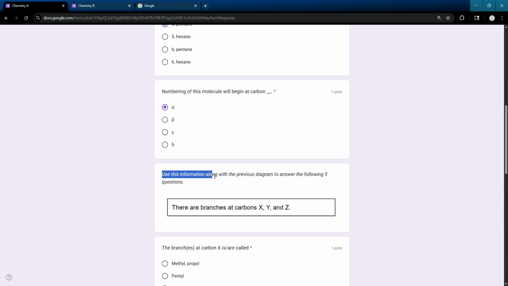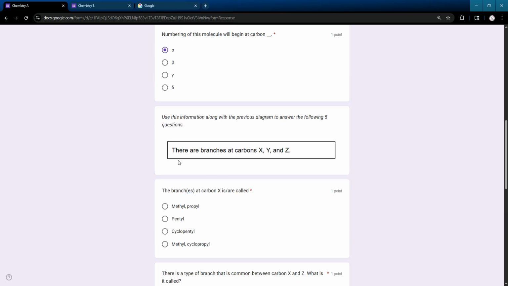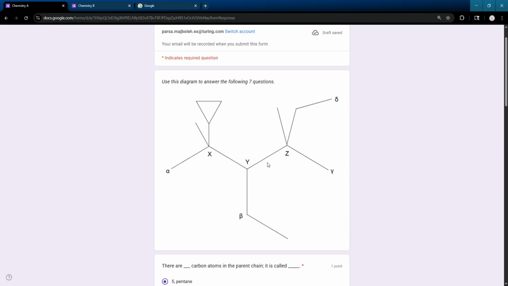Use this information along with the previous diagram to answer the following 5 questions. There are branches at carbon X, Y, and Z. The branches at carbon X are called what? So there are branches at X, Y, and Z. I see X, Y, and Z have branches.